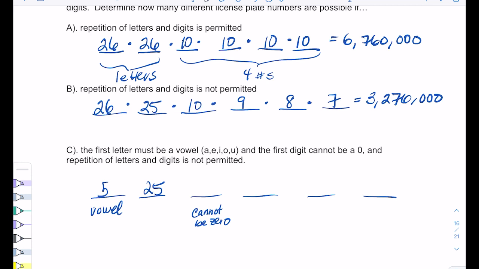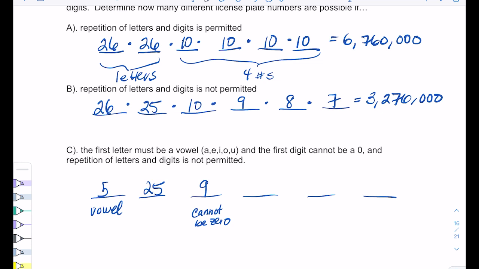In the first spot for my numbers, I can't use 0, so that means that instead of choosing from 10, I've got 9 digits. Now for the second spot, there's still 9 numbers left since you couldn't use 0 for the first, and that means you can use it now for the second one.